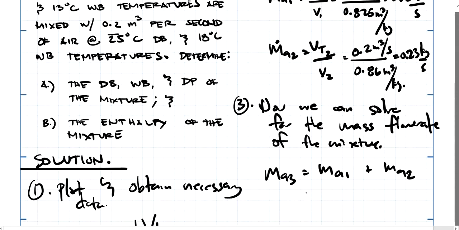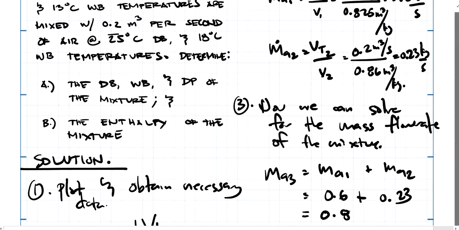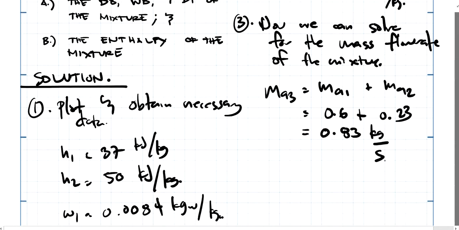So 0.6 plus 0.23 is 0.83 kilograms per second.